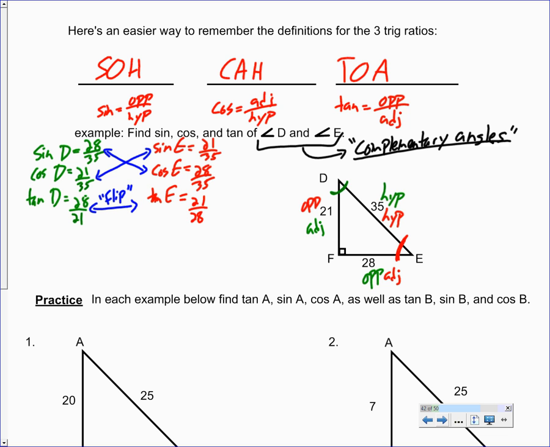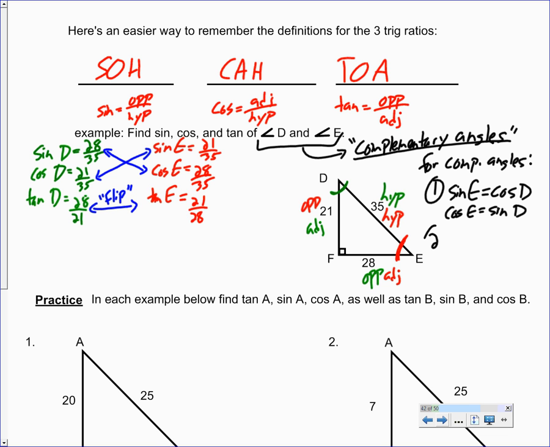So for complementary angles, we have two properties for sine and cosine. First is sine E equals cosine D. They have the opposite sines and cosines, and vice versa.